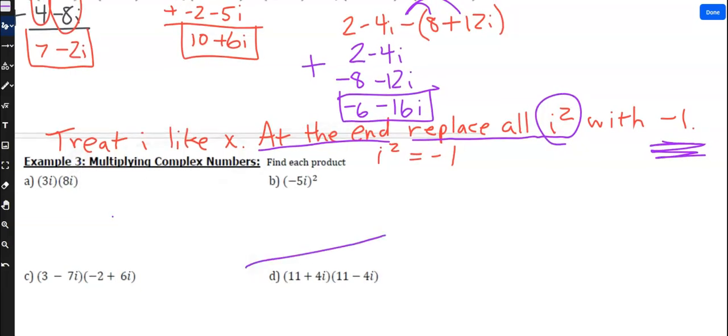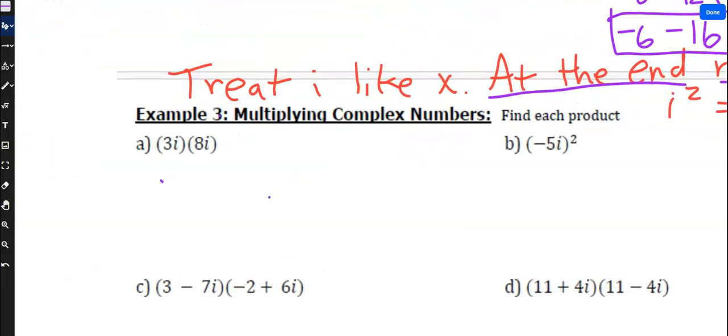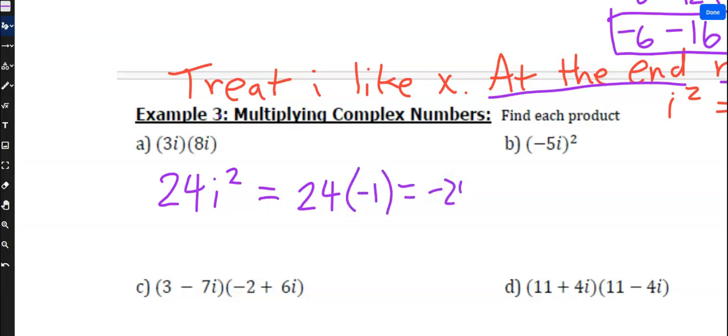So when I do this and I get 24i squared, because I treated the i's just like I would x's, that's really like saying 24 times negative 1, which is negative 24.